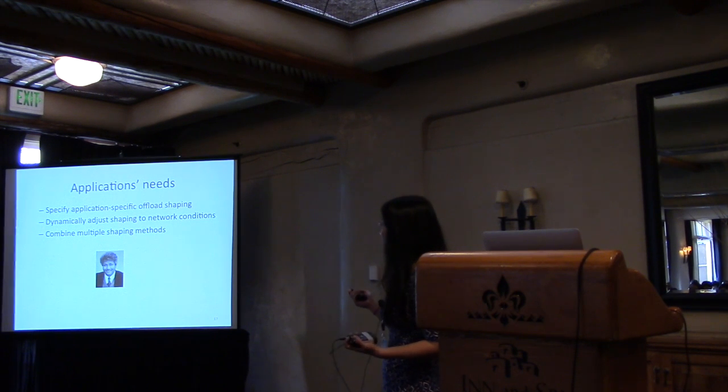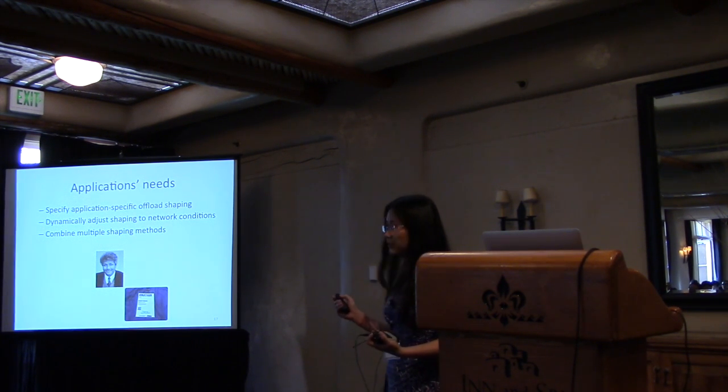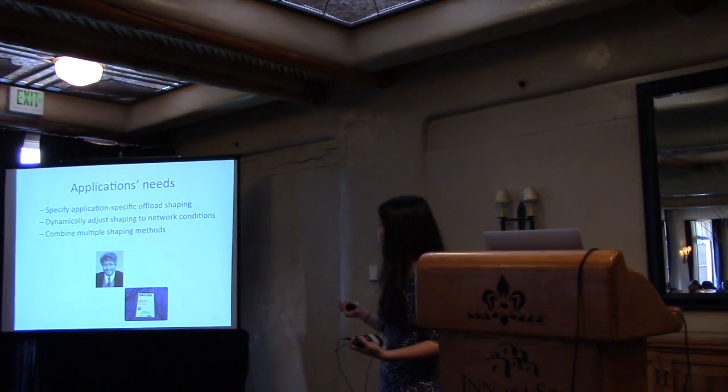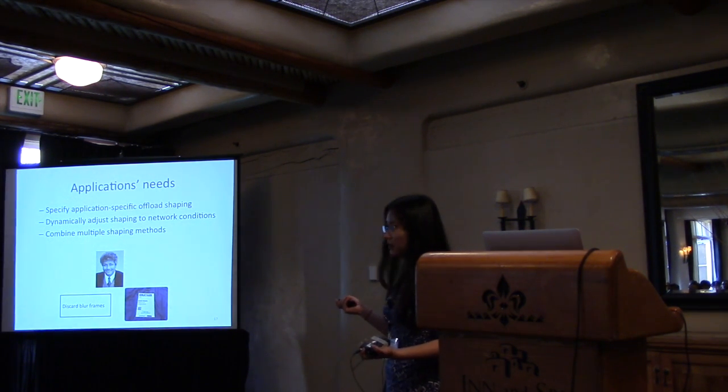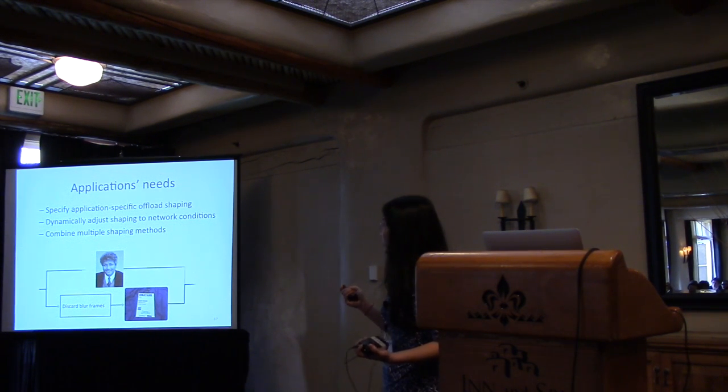But if there's not a face in the picture, but someone is wearing a name tag with a QR code on it, I can also crop out the QR code part and scan the QR code to get the person's name. To successfully scan the QR code, I may need a blur detector as well to make sure that the QR code is not too blurry. So I may need a way to specify that I need these 3 shaping methods to work together, and I need to connect them the way I want.